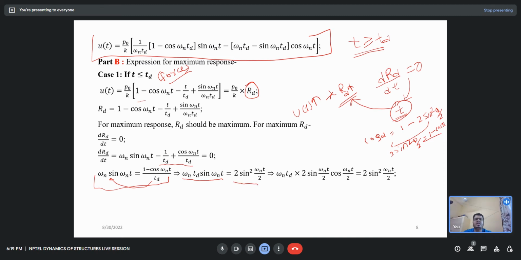And if I replace sin omega n t, I can write it as sin 2 theta, and sin 2 theta is equal to 2 sin theta cos theta. If I write it here, one sine term will be cancelled out, so the remaining term is only this one.